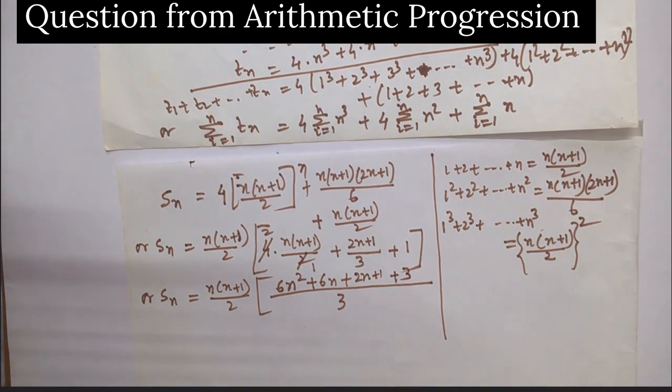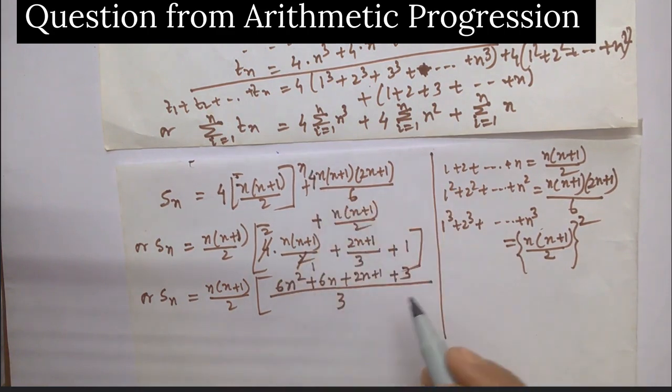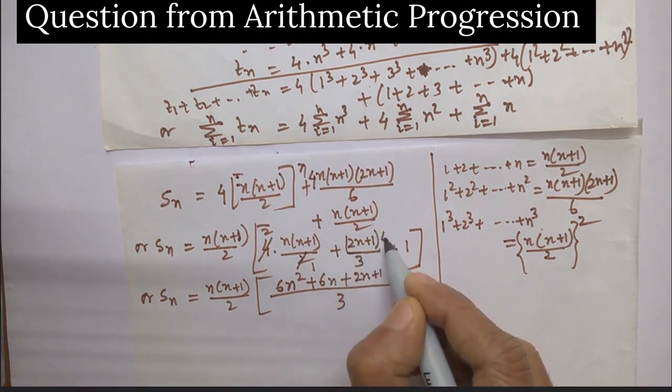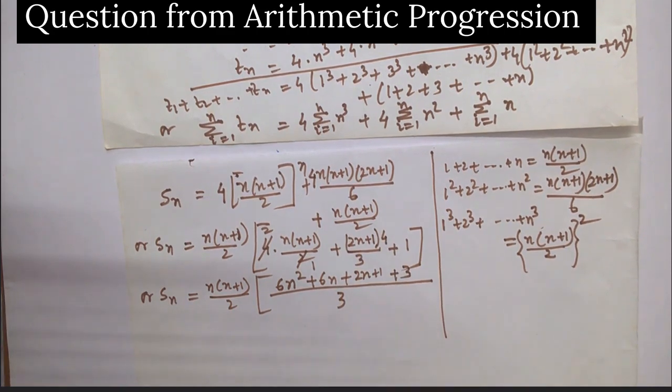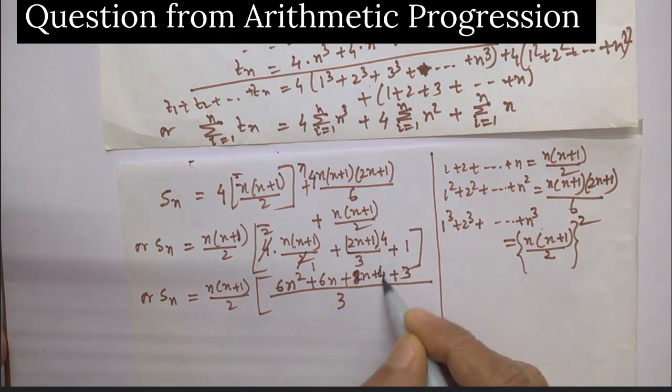Here one mistake: it is 4n square, so here will be 4. Here will be 4. So this will be 4n square, plus 8n plus 4.